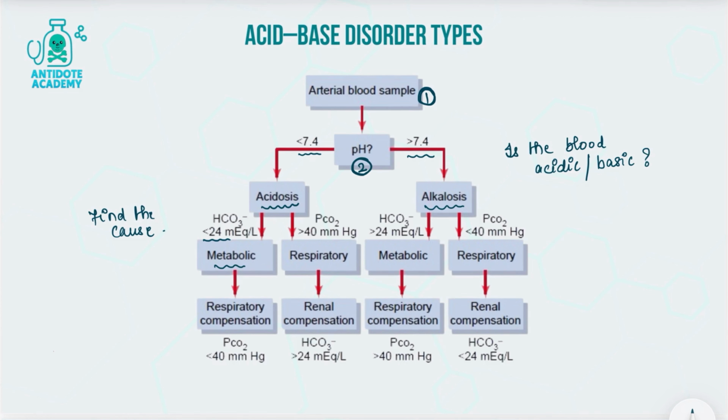And if the partial carbon dioxide is high, that is more than 40, then it's a respiratory acidosis. In alkalosis, if bicarbonate is high, that is more than 24, it's a metabolic alkalosis. And if carbon dioxide is low, that is less than 40, it's a respiratory alkalosis. So the second question we ask is: is it a metabolic problem or a respiratory problem?